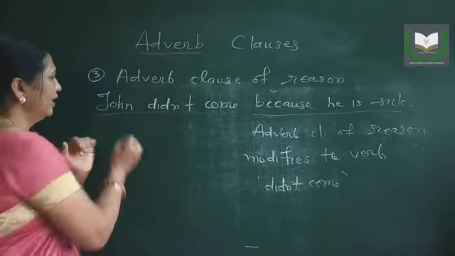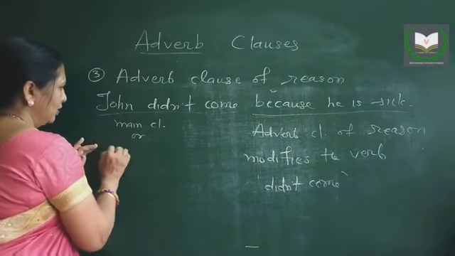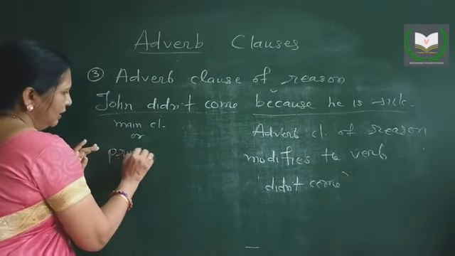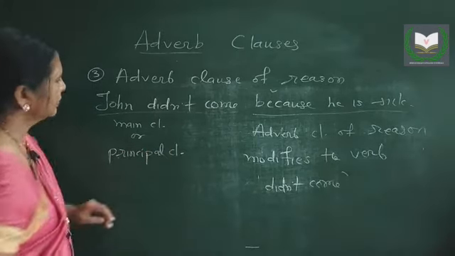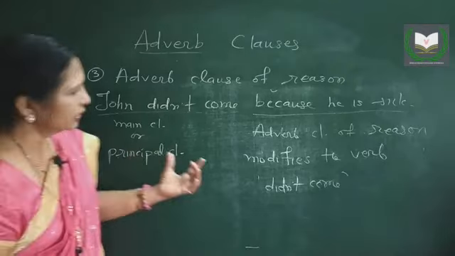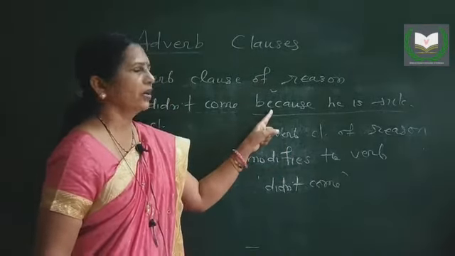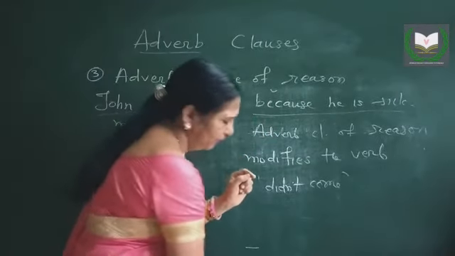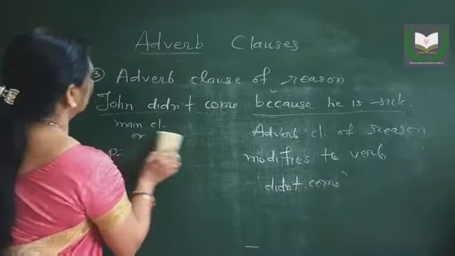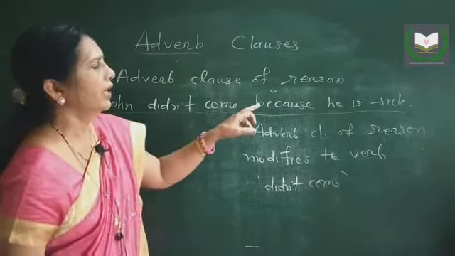This is main, or just as we call it main clause, we can also say it is the principal clause. So this adverb clause of reason is joined using because, or it is also joined using as.